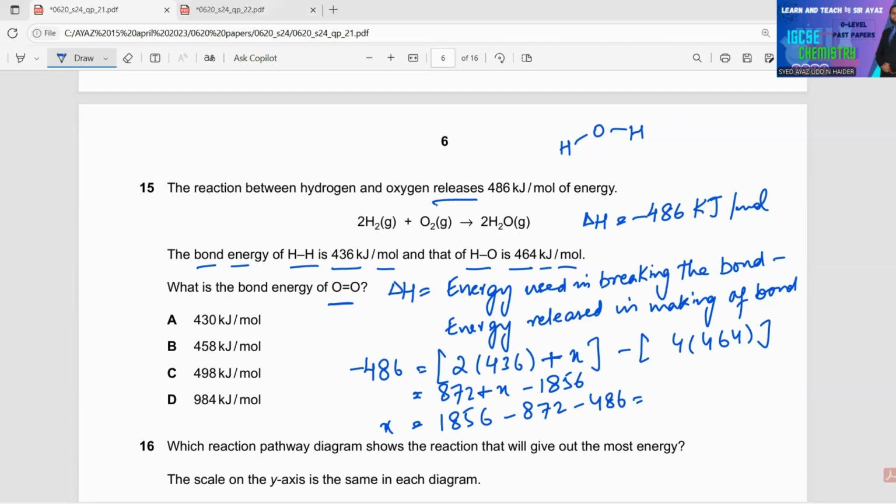So 1856 minus 872 minus 486 is equal to 498. So C must be the right answer in this case.